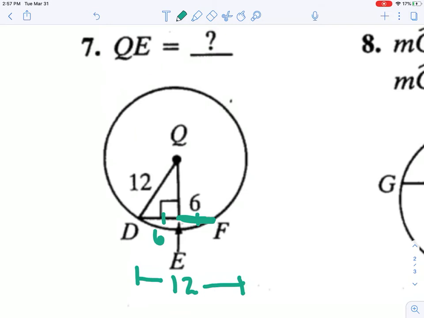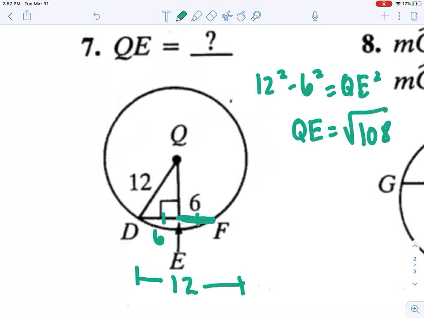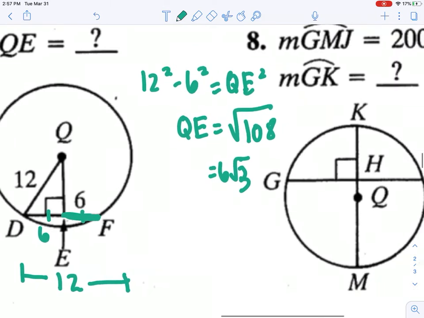That would mean that this is 6, and I would do Pythagorean theorem. 12 squared minus 6 squared would equal QE squared. So QE squared is 108, so it's the square root of 108, which is 6 square root 3. I think that's what they're asking here. I'm honestly not quite sure. We'll go with it.